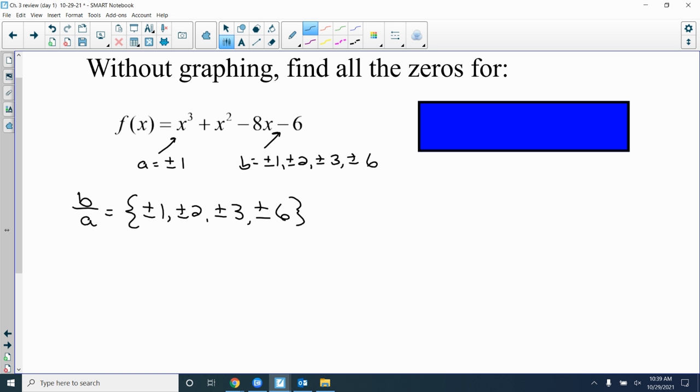All right, everybody pick 1 and do it with synthetic division. If it doesn't work, then just wait. But pick 1 number, test it. If it's good, pat yourself on the back. If it's not, don't think you're a failure. Hopefully we can get 1.